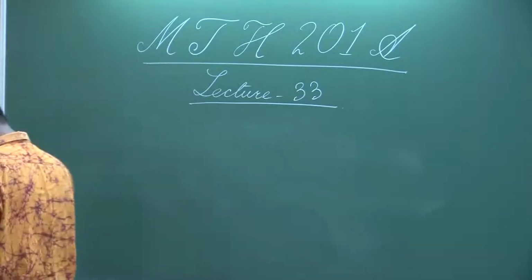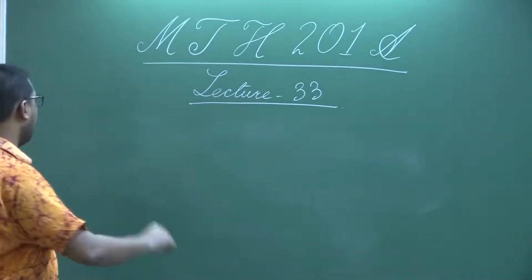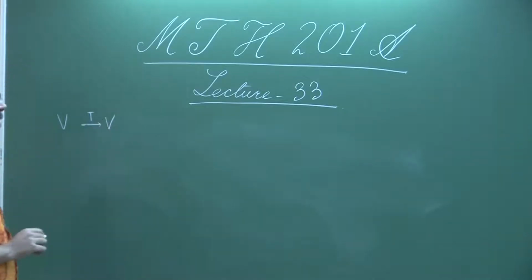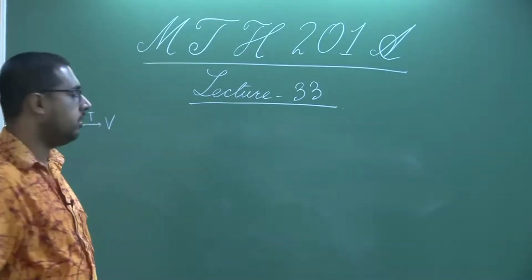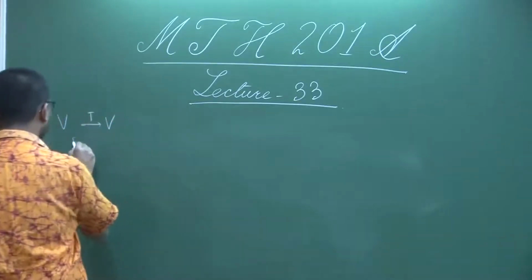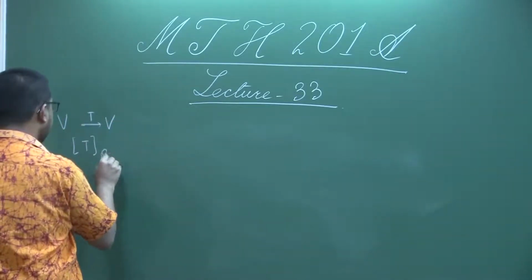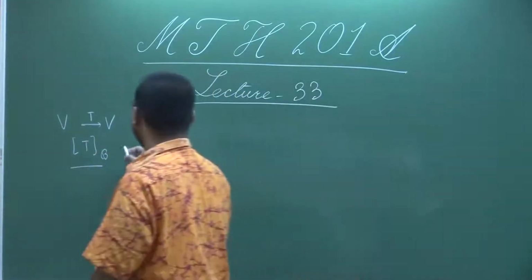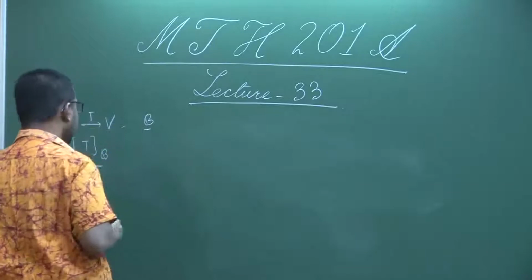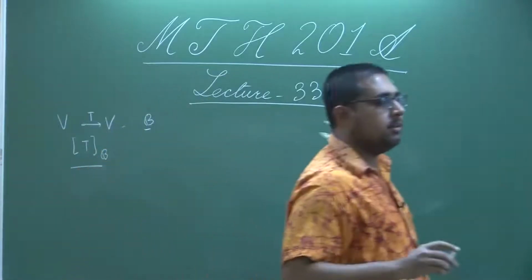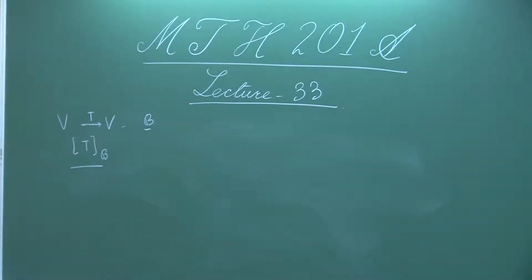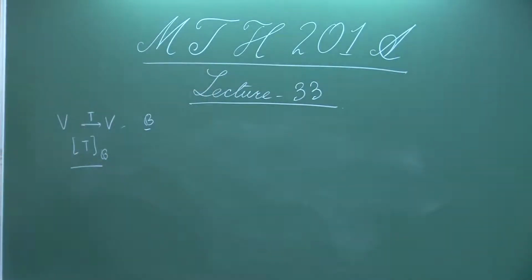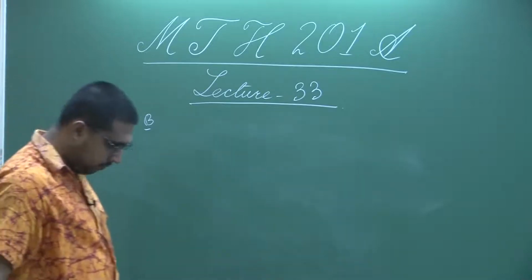So, recall what we were doing. Given a linear operator on a finite dimensional vector space, we undertake the theme of finding a suitable ordered basis such that the matrix of the linear operator takes the simplest form.